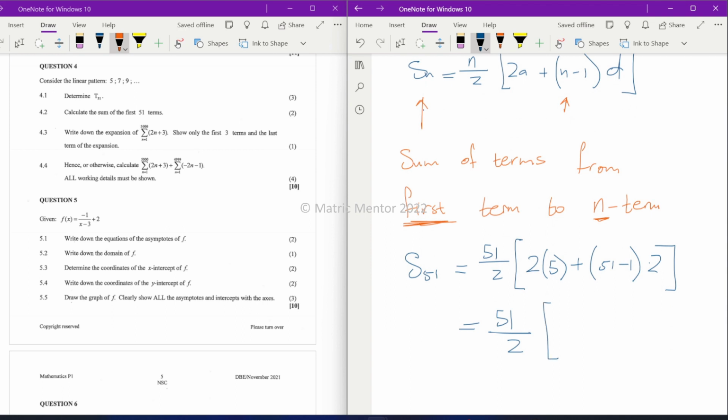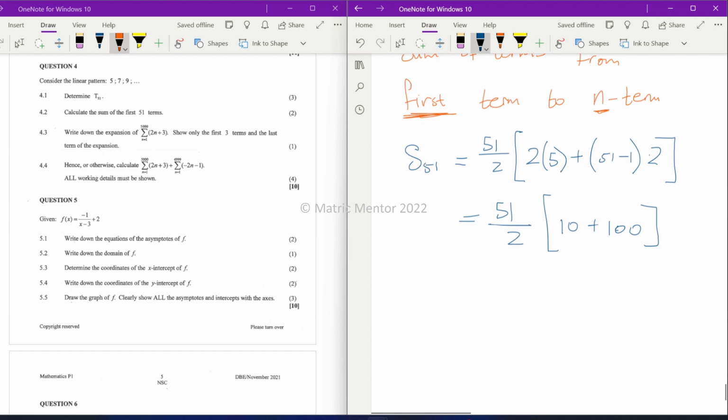It's going to be 10 plus 51 minus 1 is 50 times 2, that's 100. And then we will have 51 over 2 times 110. And 110 divided by 2 is 55, right?